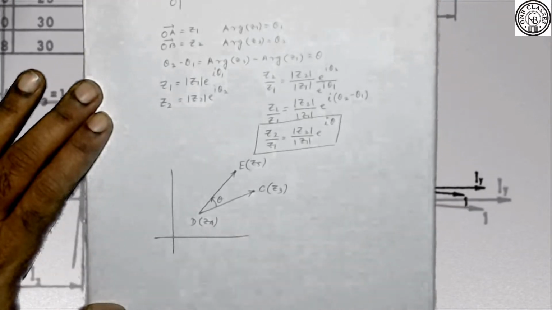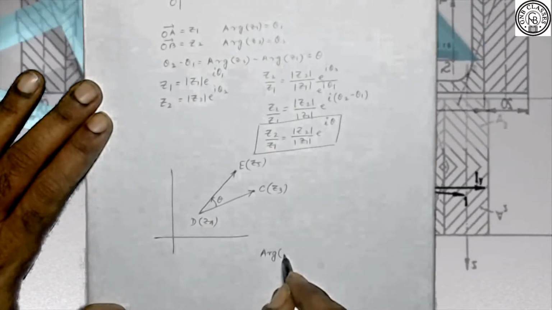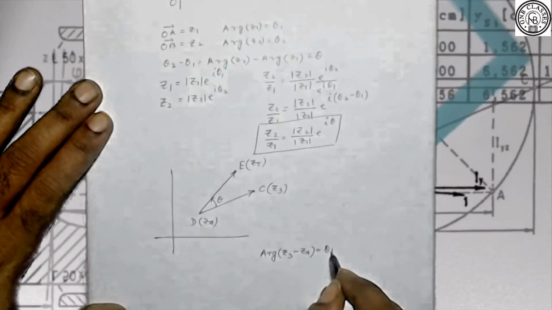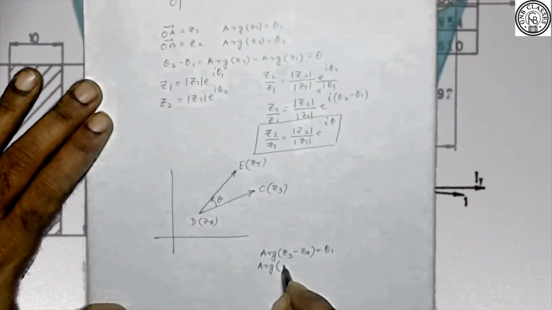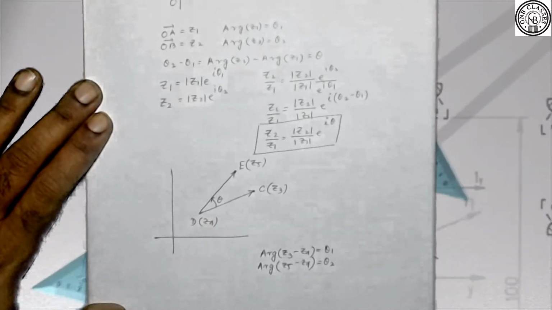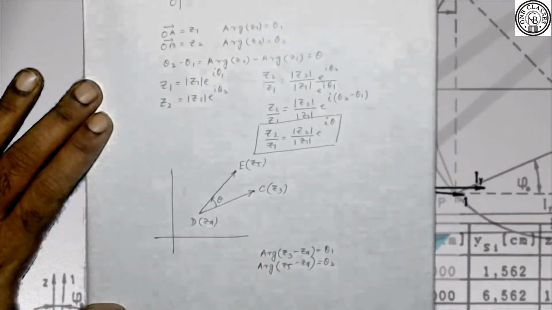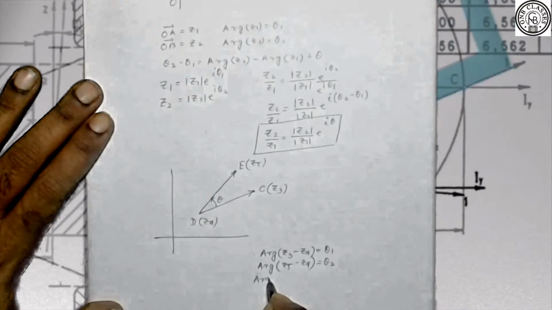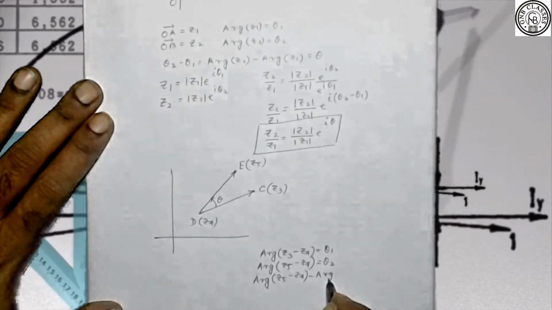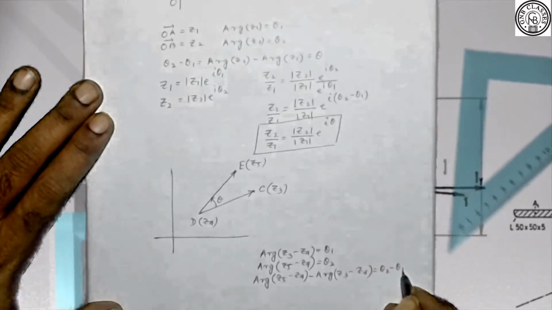Tell me yes or no. Because you have not changed the direction and magnitude, the argument of Z3 minus Z4 is still your θ1, and the argument of Z5 minus Z4 is your θ2. Therefore, the angle between them is theta. Therefore, we can write argument of Z5 minus Z4 minus argument of Z3 minus Z4 is θ2 minus θ1, which is nothing but your theta.